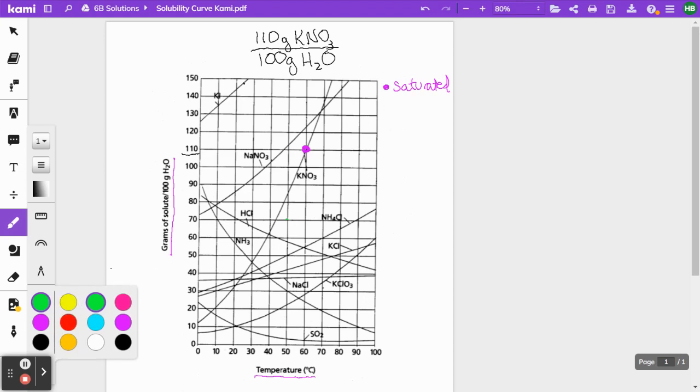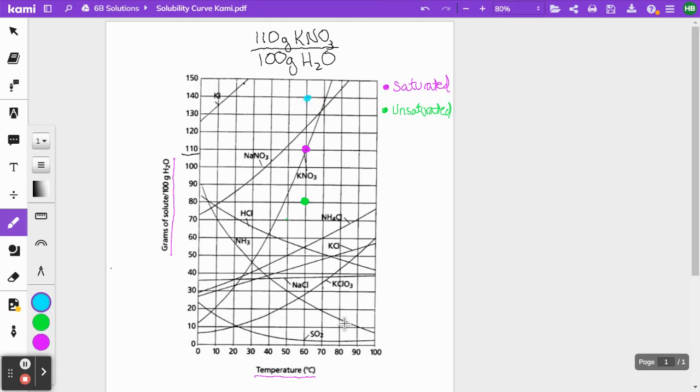So now let's look at what if I didn't have 110? What if I only had 80 grams of KNO3 dissolved in 100 grams of water? That would be considered an unsaturated solution. Now, there's a third part of the graph.